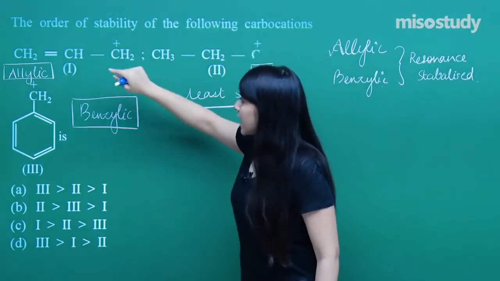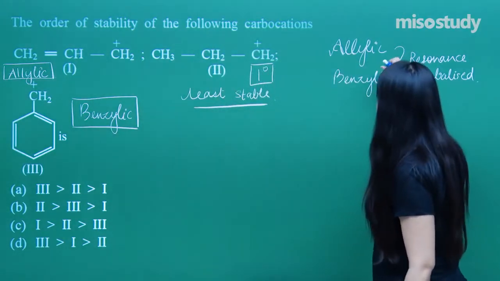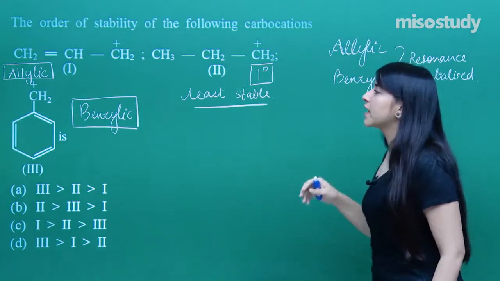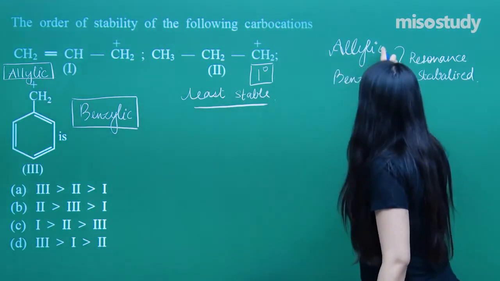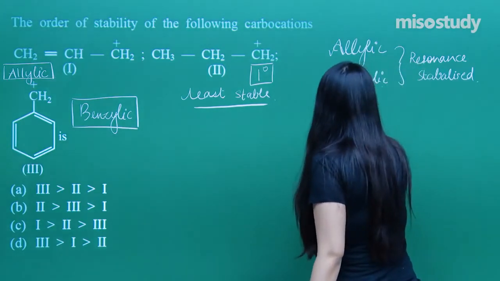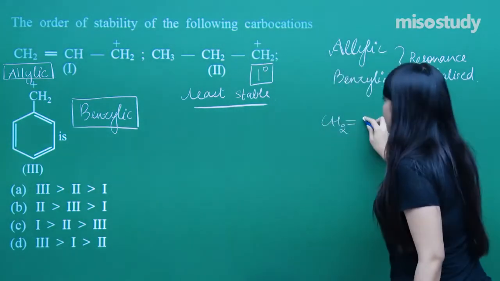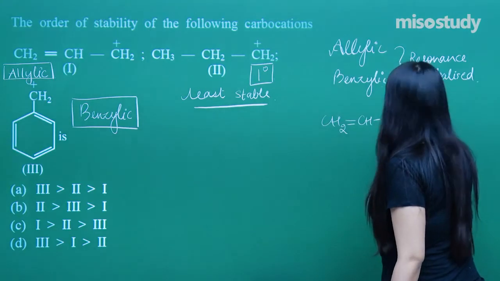Benzylic has been stabilized by the entire benzene ring, whereas in the allylic I have got just one kind of resonance stabilization.